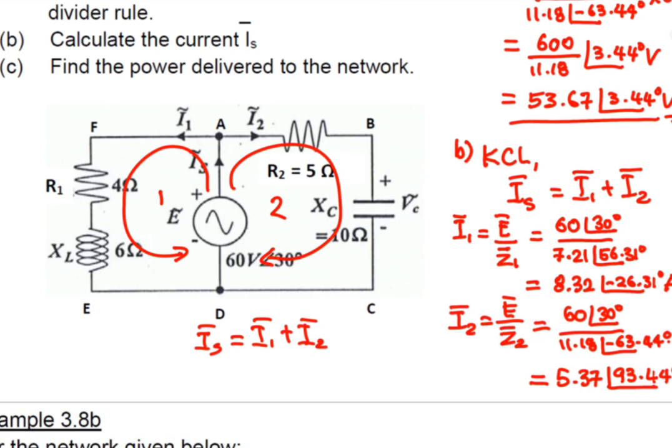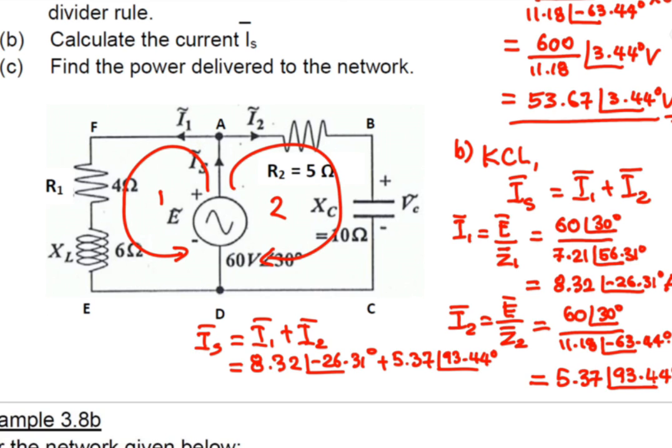Writing out the results, I1 is 8.32 angle minus 26.31 degrees plus 5.37 angle 93.44 degrees.